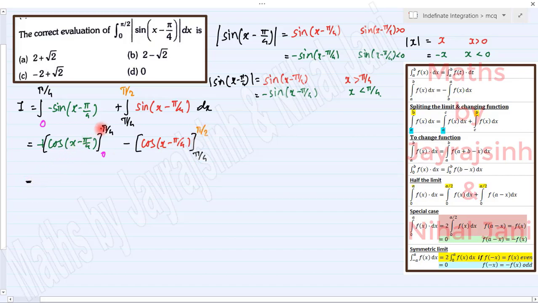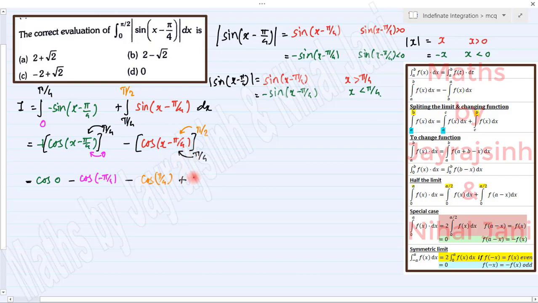Substitute the limits. From the upper limit, we will get cos(π/4 − π/4), or we can say 1, minus from the lower limit, we will get cos(−π/4), minus from the upper limit, we will get cos(π/2 − π/4), or we can say cos(π/4), and minus minus becomes plus.